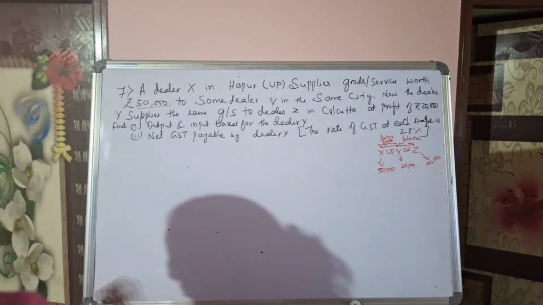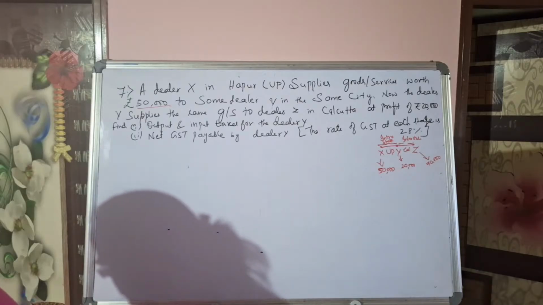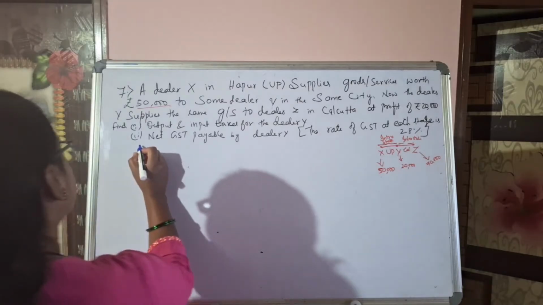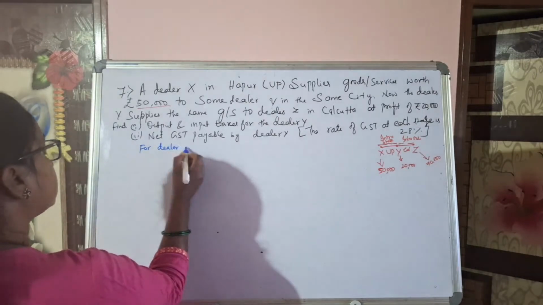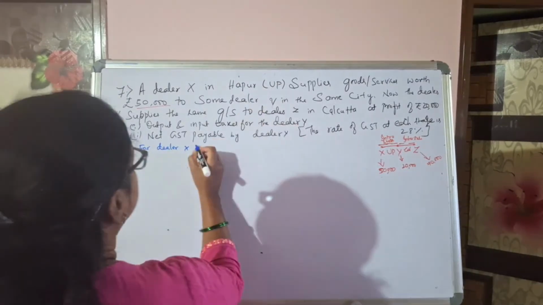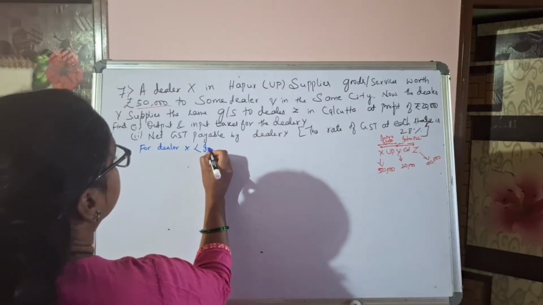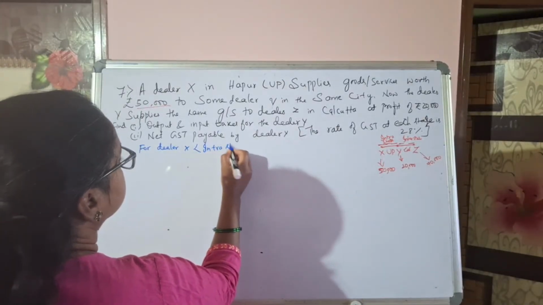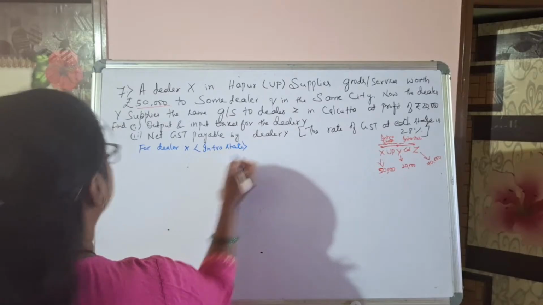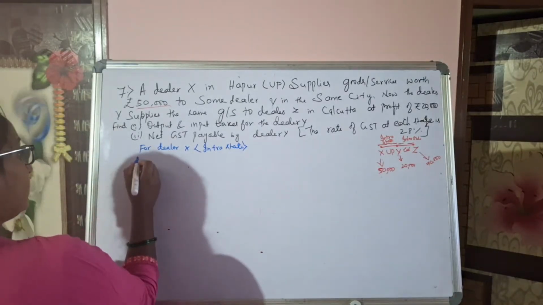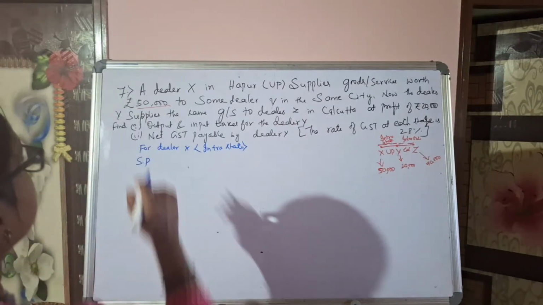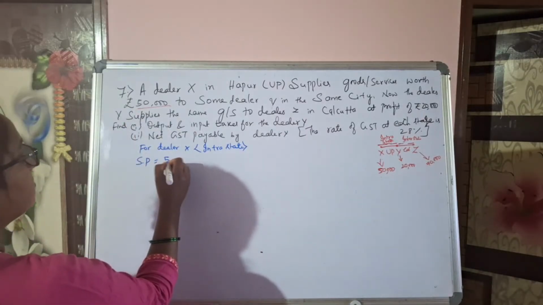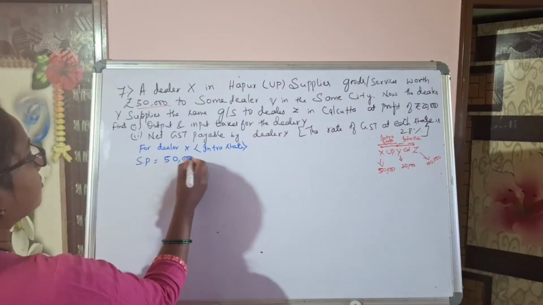For dealer X the transaction is intrastate, therefore the selling price is 50,000.